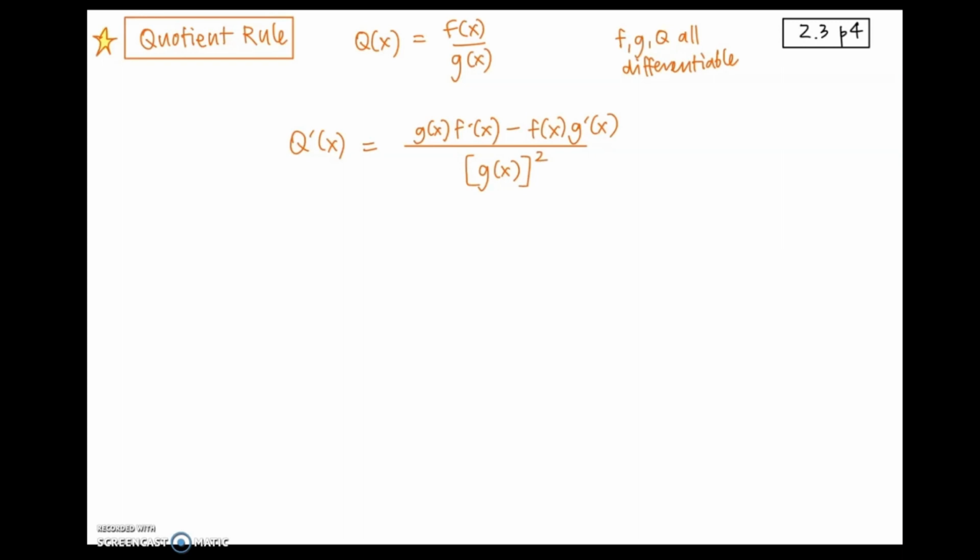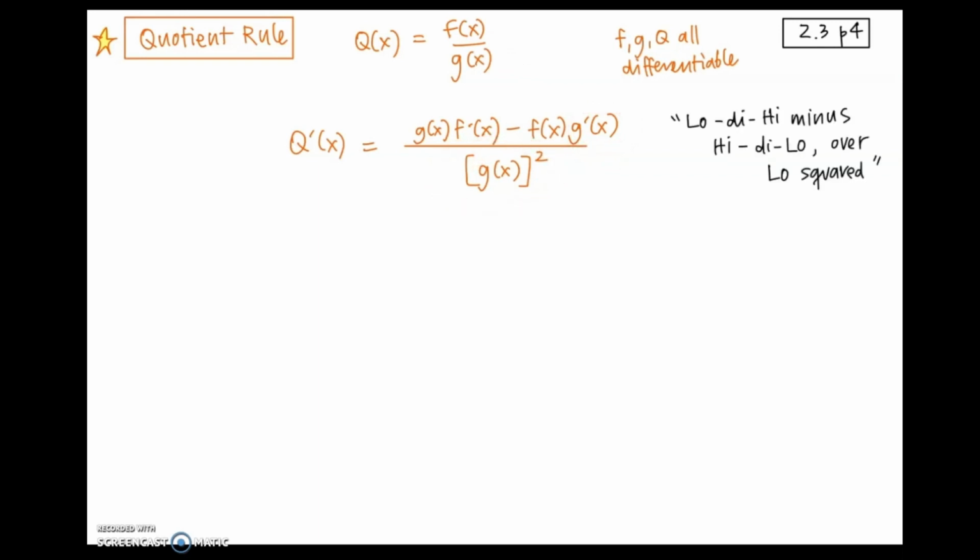So one way I think of this is there's a phrase I think of: low, like the low part of the quotient, d high, so the derivative of the high part, low d high minus high, the high part of the quotient, d low, the derivative of the low part, over low squared.